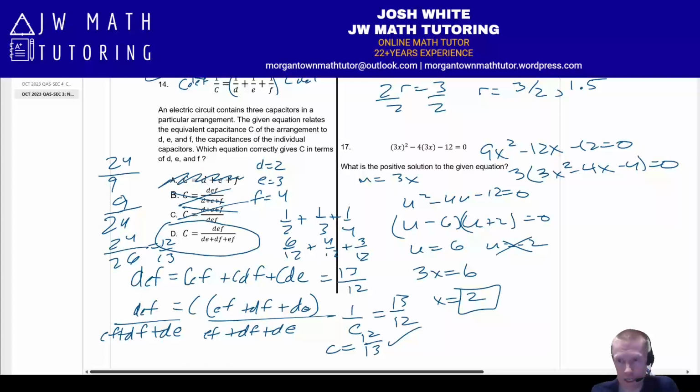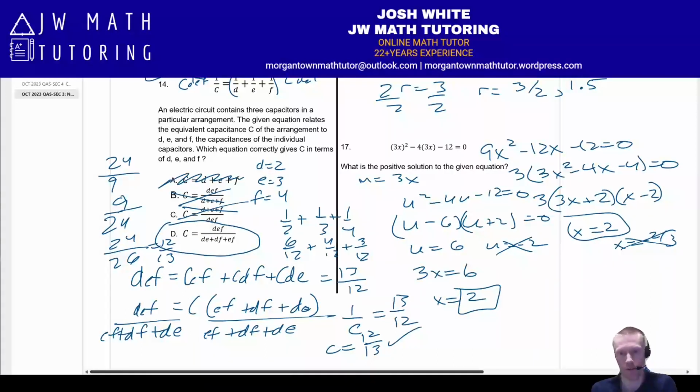And now the way it's going to factor is going to be 3x and x, minus 2, plus 2. Then you get two answers, x equals 2 or x equals negative 2/3. They only want the positive one, so we can discard this. So again, you get the same answer. That's just an alternate way, if you're not familiar with u substitutions.